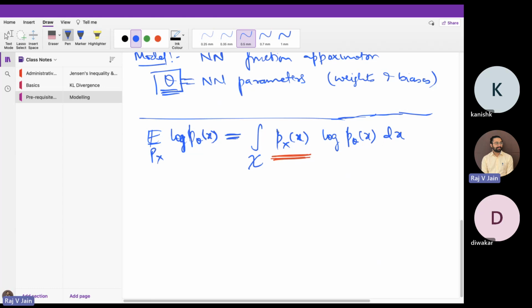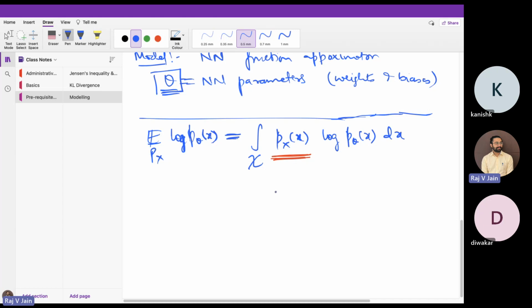I have p theta, because theta is controlled by me. I know what the parameters are, so I can calculate log p theta of x for any x. But do I know what px of x is? No. That's the issue.